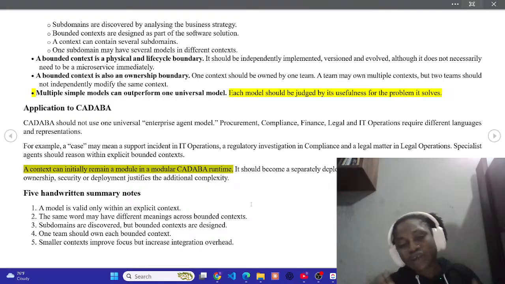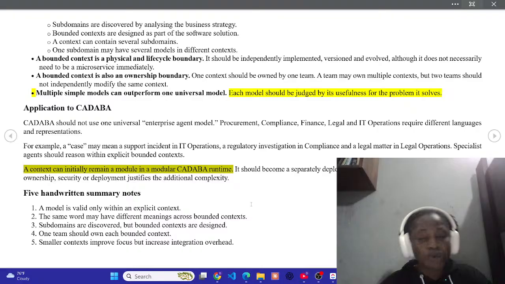That is when you can deploy a framework for that agent separately from other business agents. So that is how bounded context applies to agentic system design. Every agent is limited to where it has been designed and cannot be used in another business domain. All right.